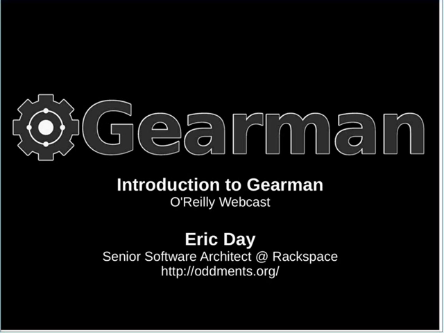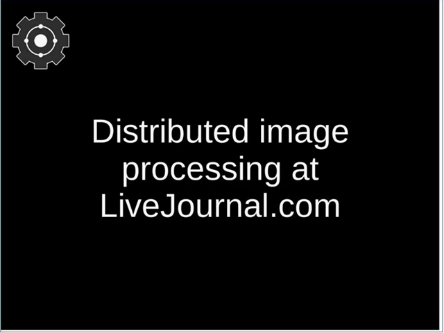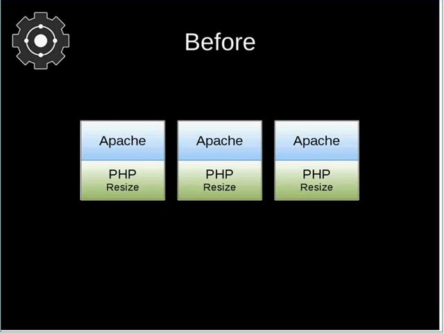So the history of Gearman starts at livejournal.com, and they were one of the first websites out there to really experience explosive growth and popularity. One of the first things that came up was an image processing problem. When they first started looking at the problem, they were processing their image resizes in the following way.